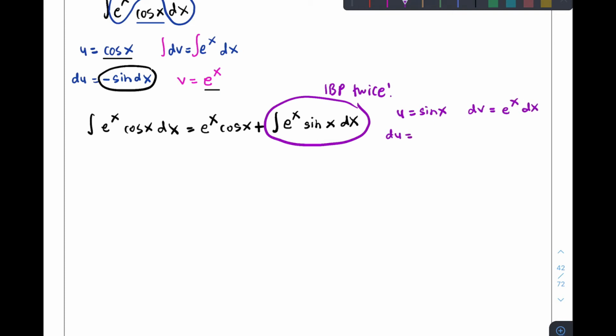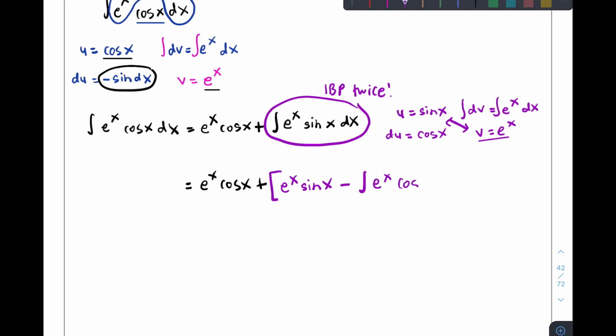Differentiating sine gives cosine x, and integrating both sides gives v equals e^x. Resubstitute: e^x cos x plus, for this whole thing, uv, which is e^x sin x, minus the integral of v du, where v is e^x and du is cos x dx. Close the bracket.